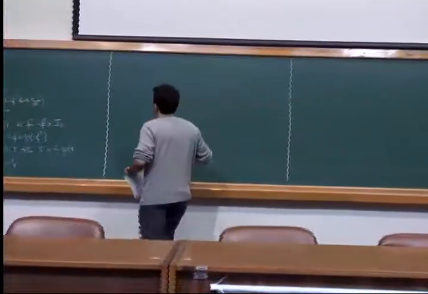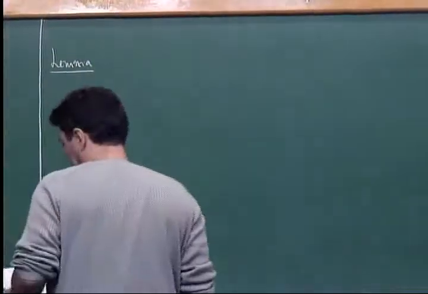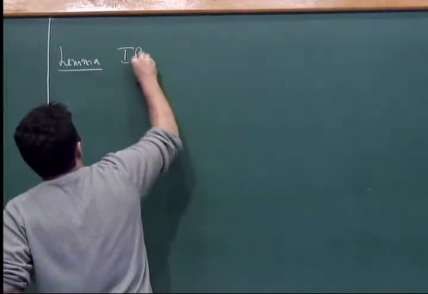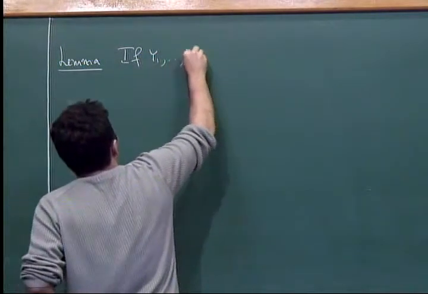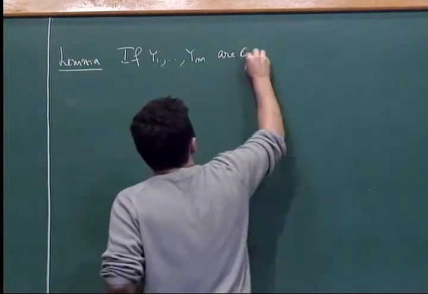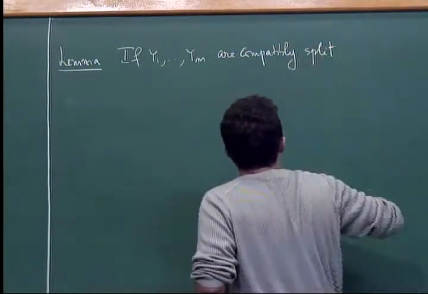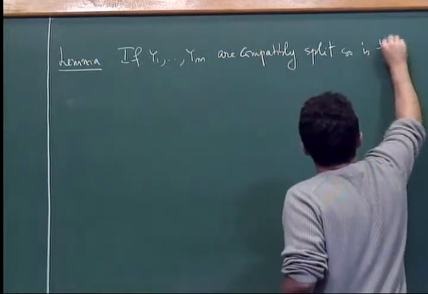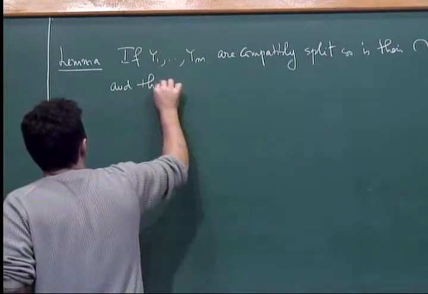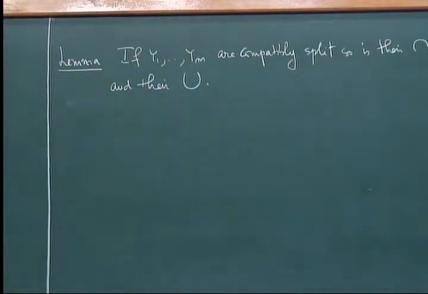So maybe the first lemma: if Y1 up to Ym are compatibly split, so are their intersection and their union. Okay, any union, I mean scheme theoretic union.